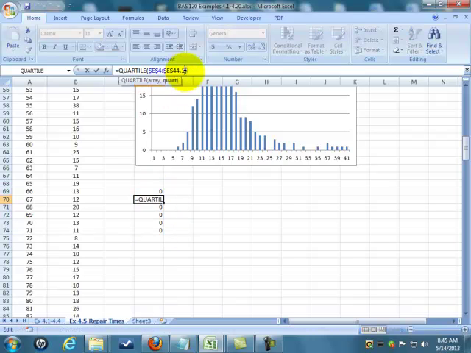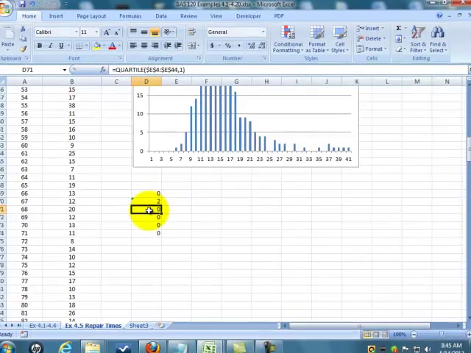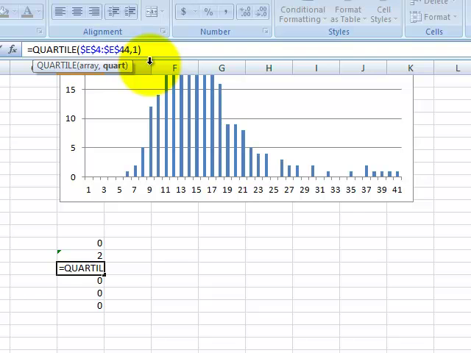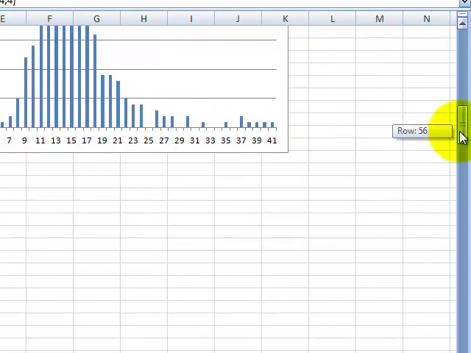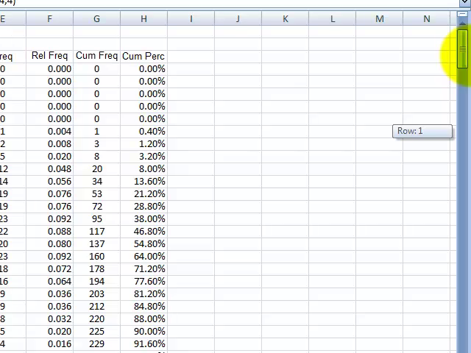Now we can find the second quartile, the third quartile, the fourth quartile, and there we have different quartiles. We know where they fall in.